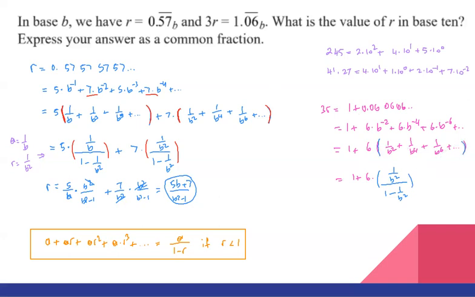Okay, and then if you simplify this a bit, so you know this is kind of same as this fraction. So this one will be b squared minus 1 over b squared. If you multiply this by 1 over b squared will cancel. Let me actually write it, 1 plus 6 times 1 over b squared times b squared over b squared minus 1. These guys will cancel.